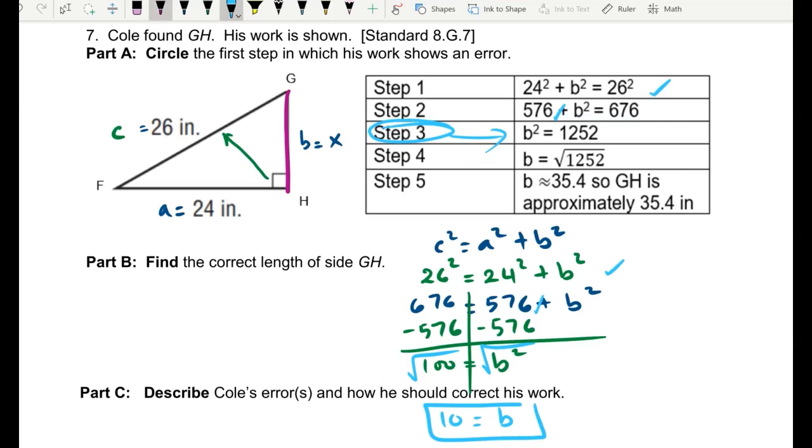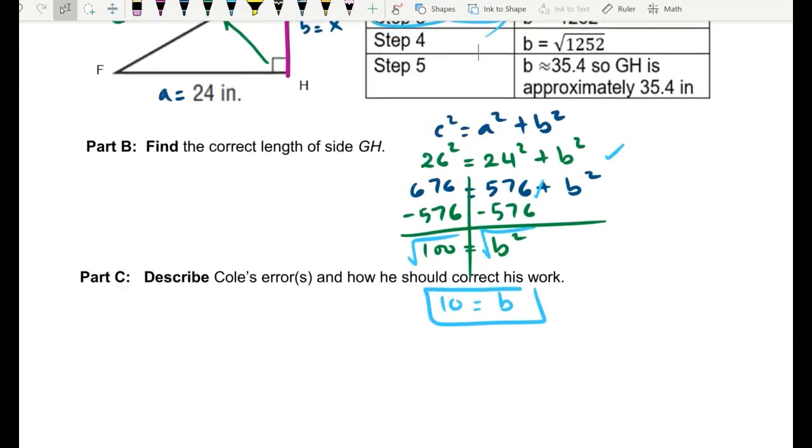Now we go down to part C. Describe Cole's errors and how he could correct his work.